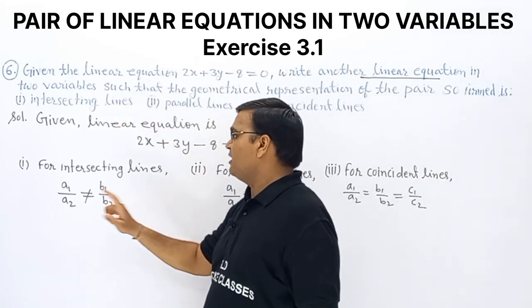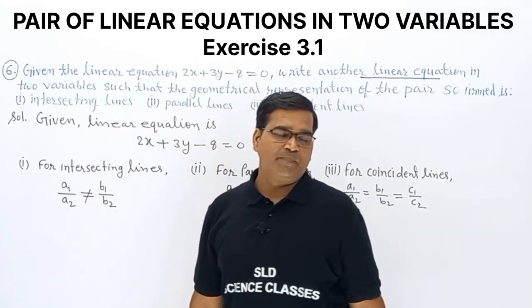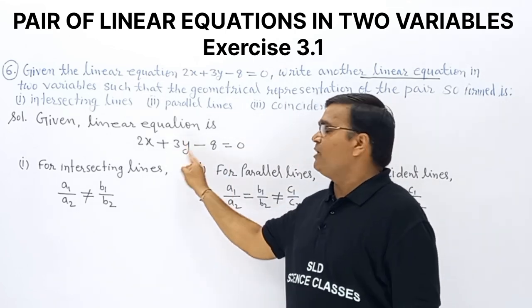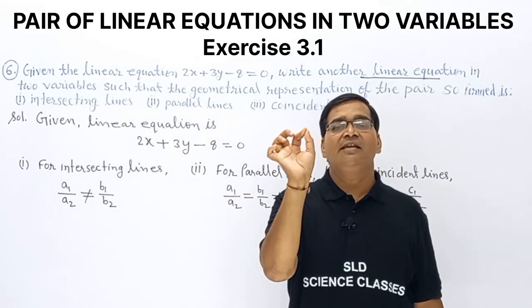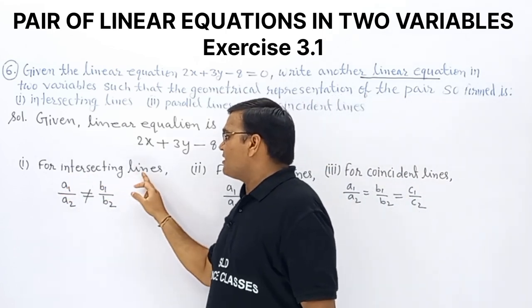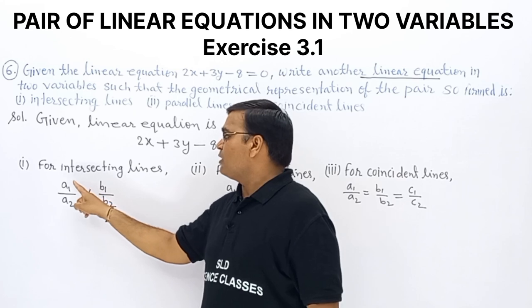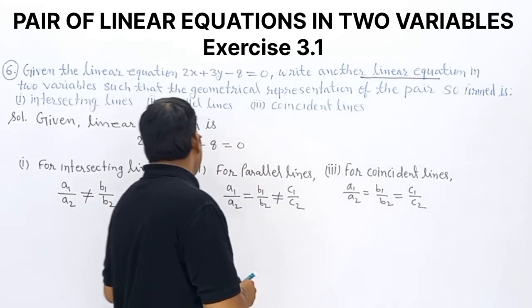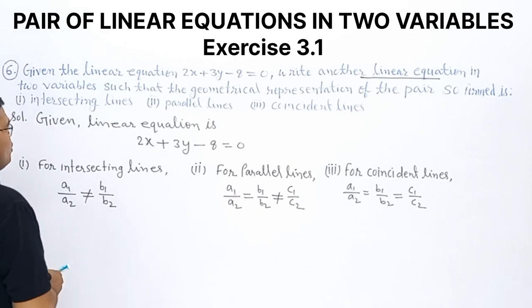Now I am taking the first one. For intersecting lines, two lines are intersecting. One line we are having. We want another linear equation in two variables. So for intersecting lines, what is the condition? Observe two lines.